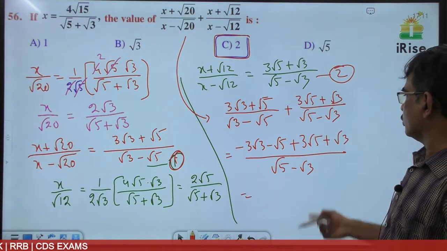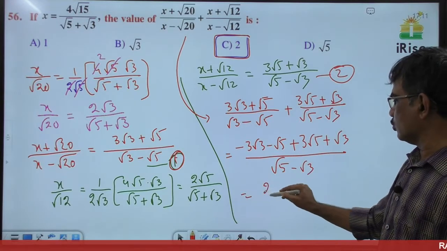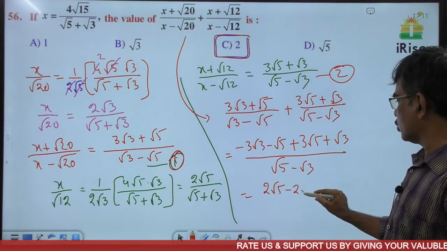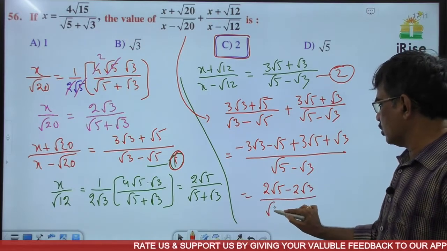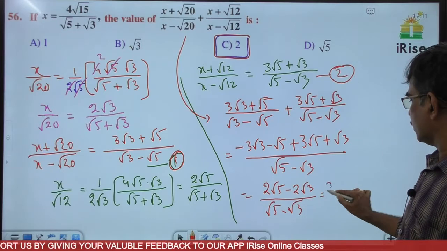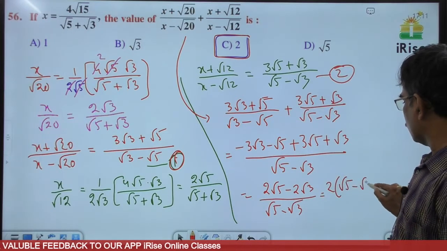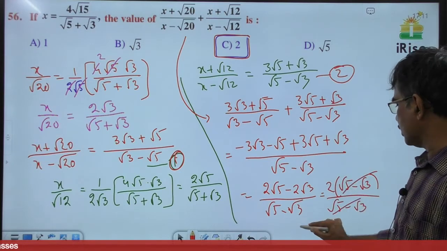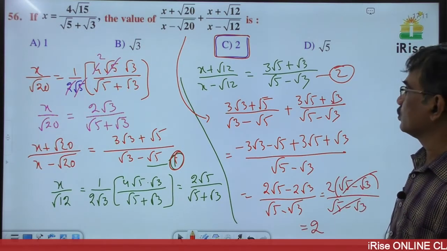This is equal to 3 root 5 minus root 5 is 2 root 5, minus 3 root 3 plus root 3 is minus 2 root 3, by root 5 minus root 3. Taking 2 common, 2 times root 5 minus root 3 by root 5 minus root 3. If you cancel this, the answer for this question is 2.